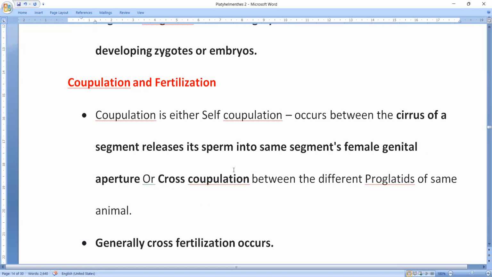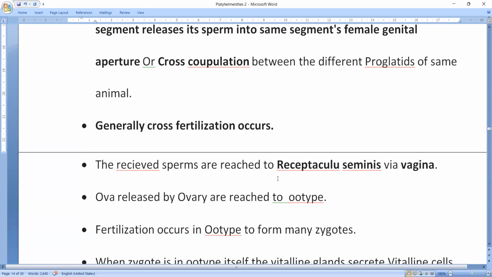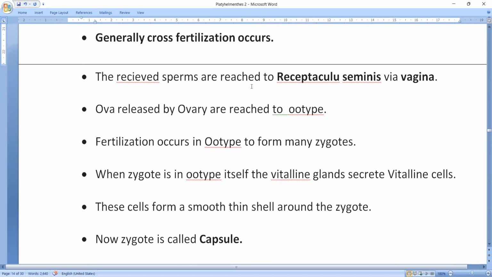Cross fertilization means between different proglottids of the same animal. Generally, cross fertilization occurs. The received sperms reach the receptaculum seminis.